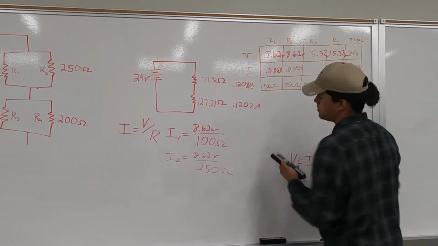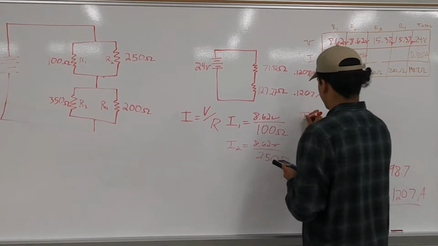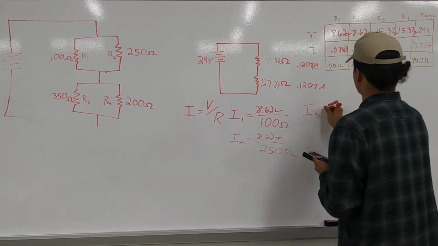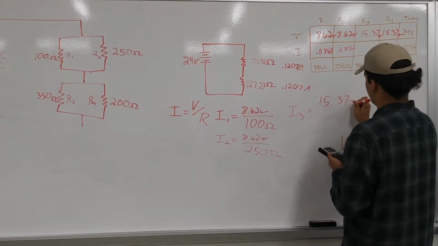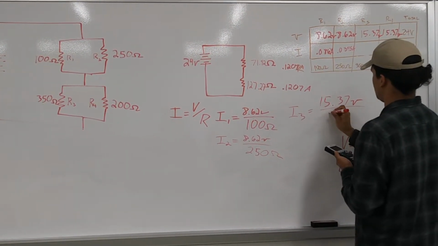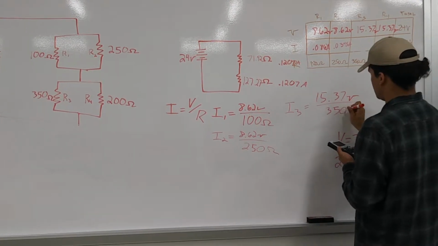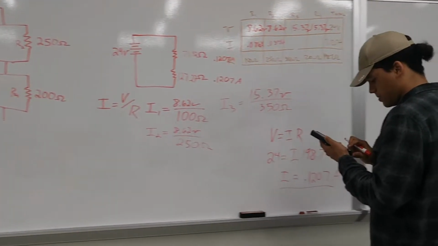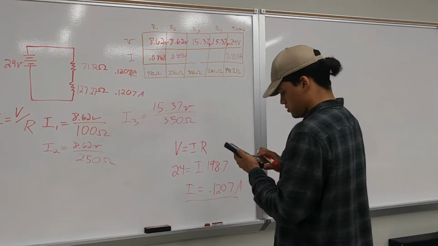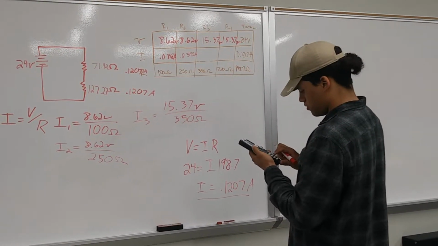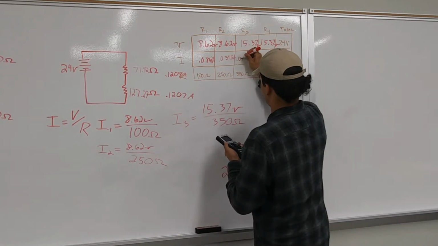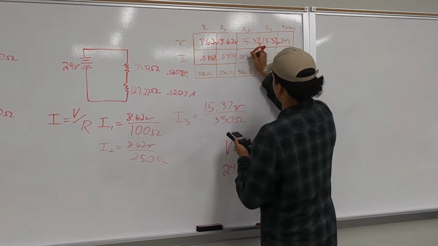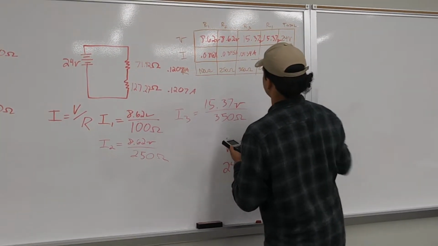0.0345 amps. We're going to solve for I3, which is going to equal 15.37 volts divided by 350 ohms. That'll get us 0.0439 amps.